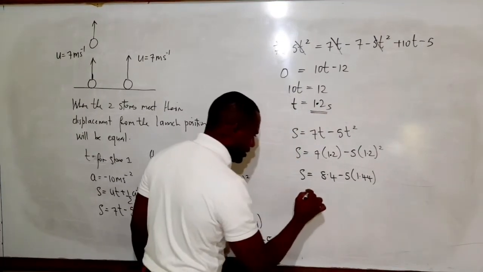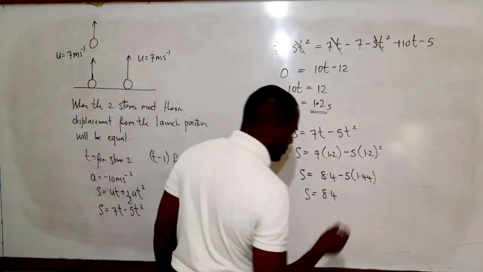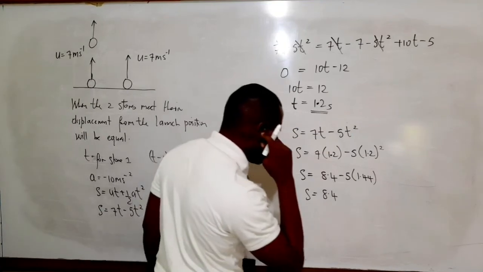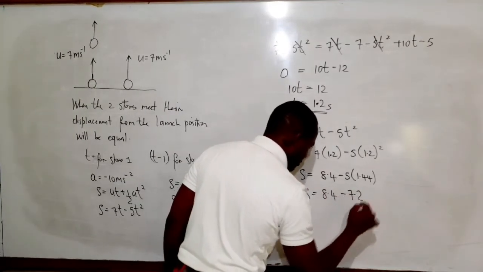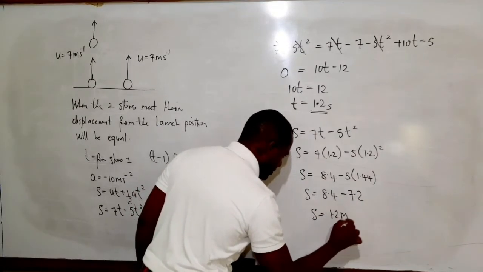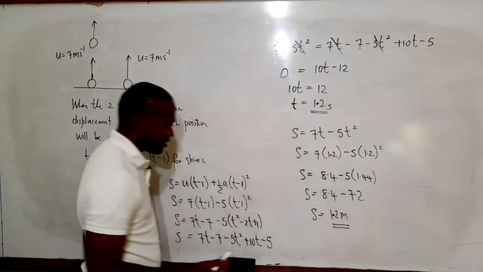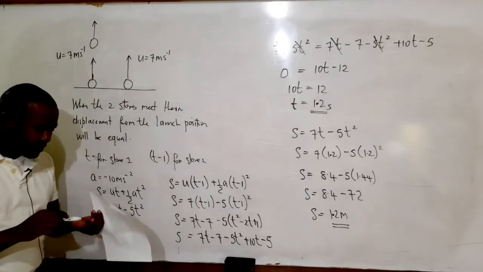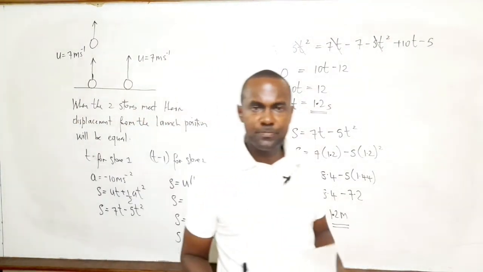When you multiply that, 5 times 1.44 is 7.2, so s is equal to 8.4 minus 7.2, and so s is equal to 1.2 meters. So they would meet at 1.2 meters above their initial level of projection.